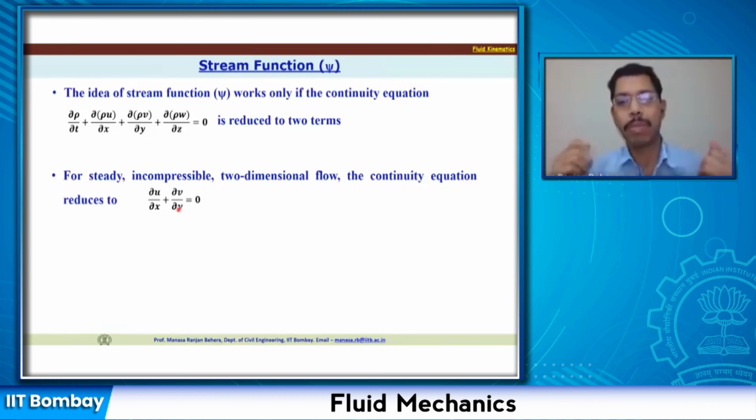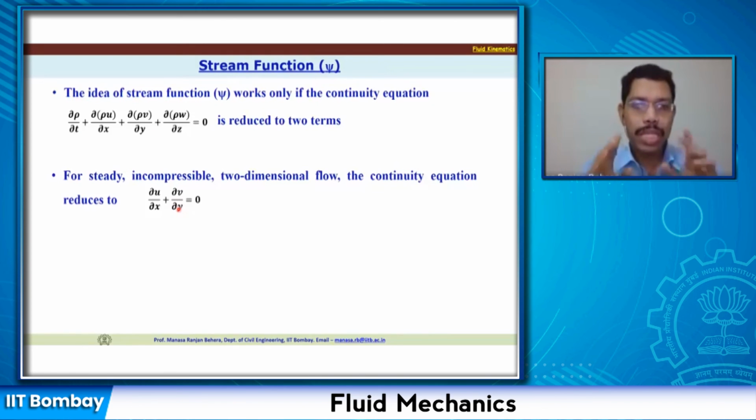I have only the xy plane, let us say. So dou u by dou x plus dou v by dou y will be equal to 0. This is the continuity equation which the stream function has to satisfy. It can only be applicable for 2D flow problems.